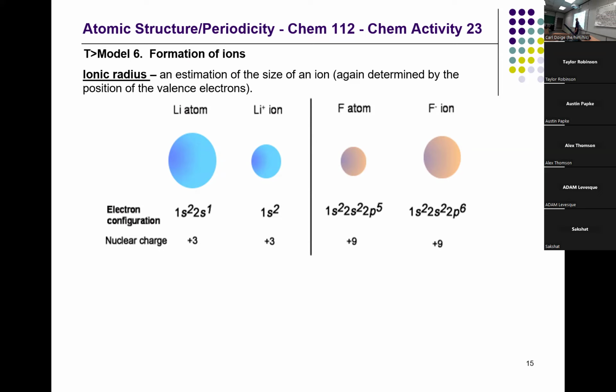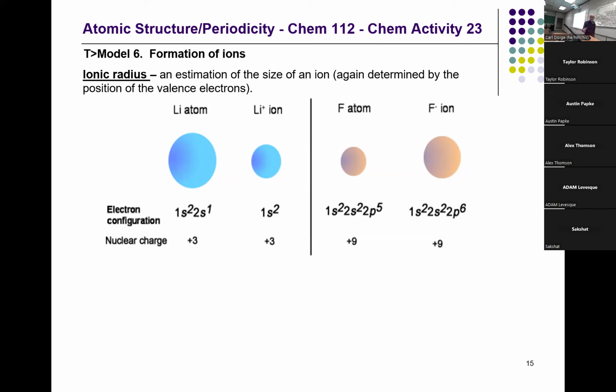Now that fact is gone, these guys will see that entire +3, because there's one less energy level. So the nuclear charge, in a sense, stayed the same. But because we have one less energy level, the valence electrons are actually going to see a bigger charge.